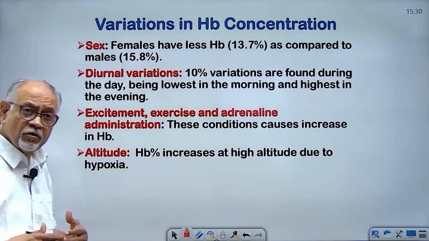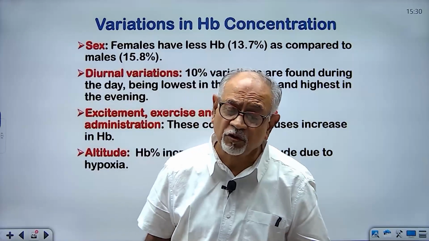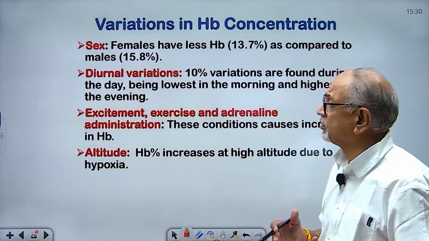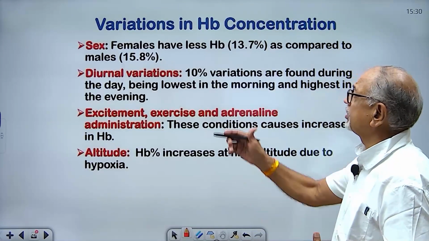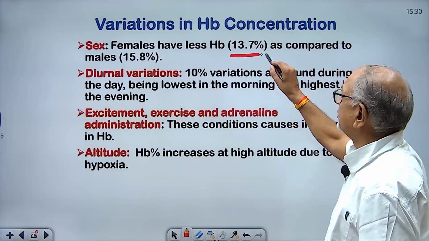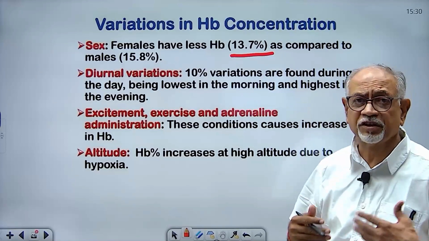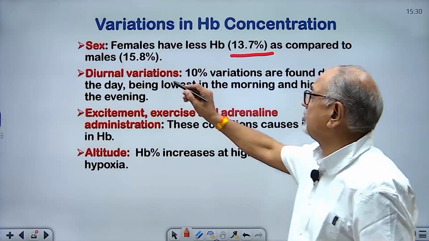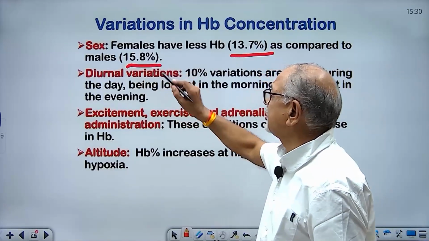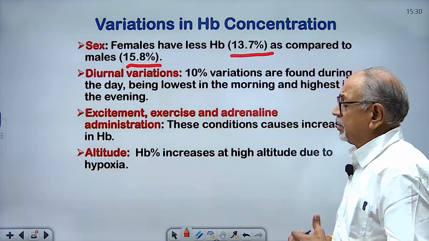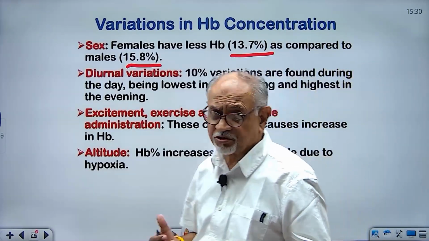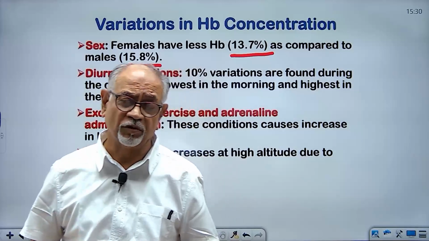Now, hemoglobin percentage varies with sex, as we have seen just now. In case of females, it is about 13.7. It is a little higher in males, about 15.8 gram percentage. Then there are diurnal variations also in hemoglobin percentage.